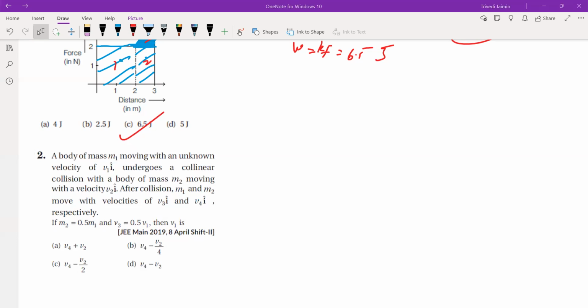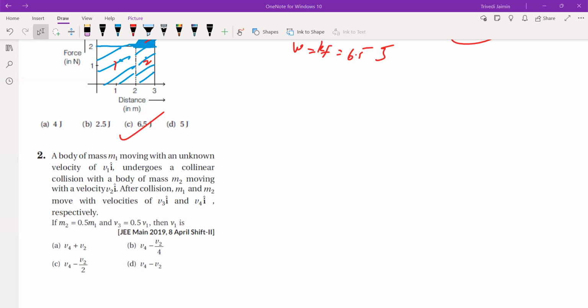Linear momentum: a body of mass m1 with an unknown velocity undergoes a collinear collision with a body of mass m2 moving with a velocity v2. After collision, m1 and m2 move with the velocities v3, v4 respectively.